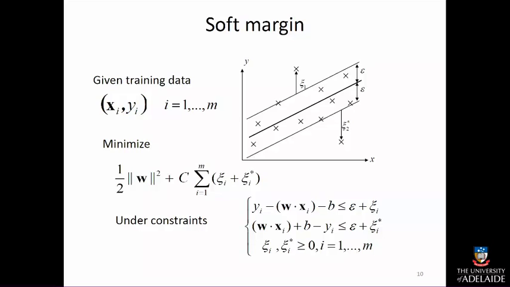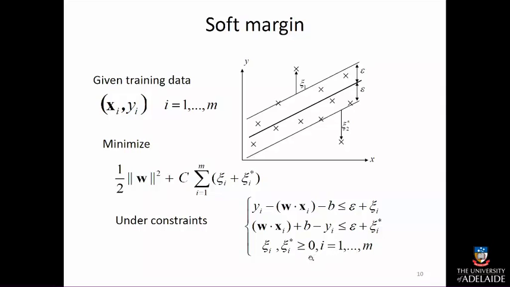But something different here is this non-negative constraint on xi star i. This constraint is redundant. You can remove it without changing the solution of this problem. Why is that? It's not very difficult to see.